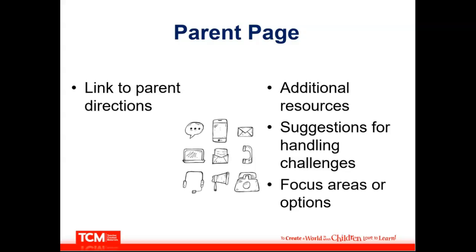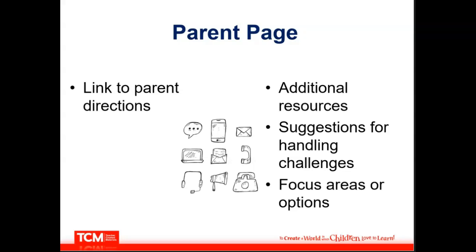This allows a parent to focus their energy as they assist their child on the most important task rather than on a topic that maybe is not so important. So these parent pages can be an invaluable resource in order to assist parents in assisting their child and ensuring further student success.